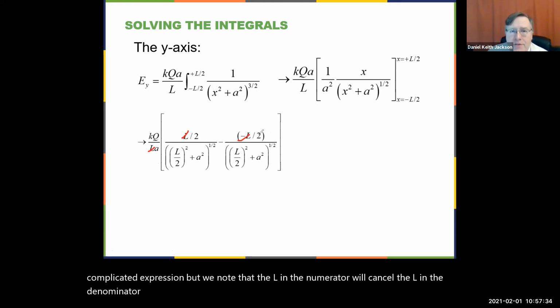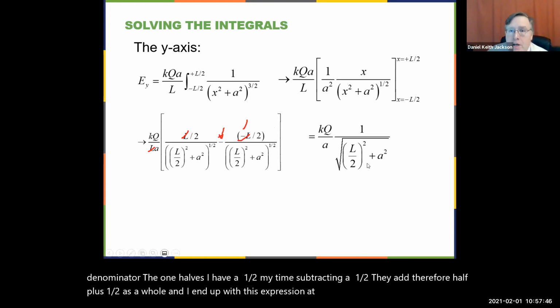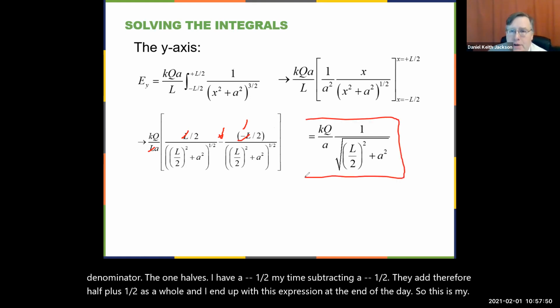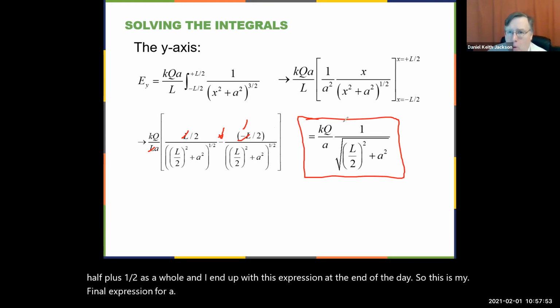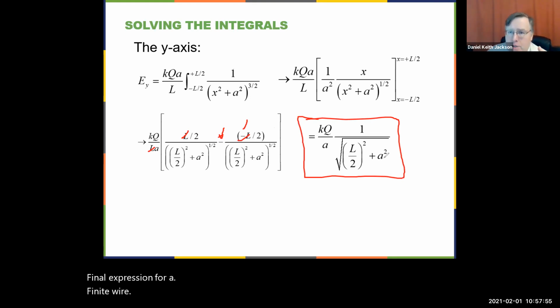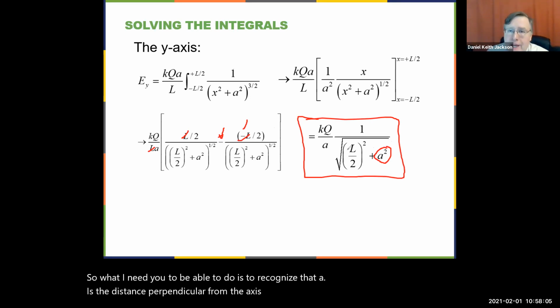The 1/2s: I have a minus 1/2, and I'm subtracting a minus 1/2. They add, therefore 1/2 plus 1/2 is a whole. I end up with this expression at the end of the day. So this is my final expression for a finite wire. What I need you to be able to do is to recognize that A is the distance perpendicular from the axis of the wire, and L represents the length of the wire.